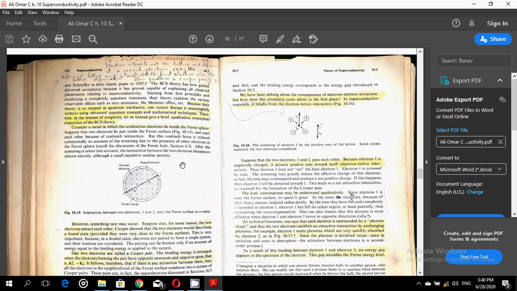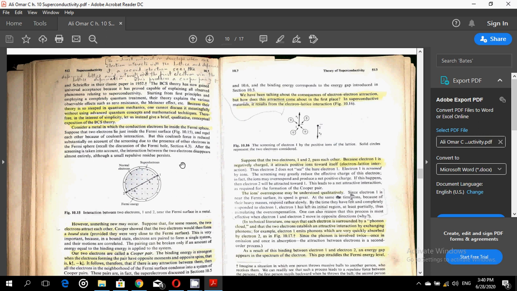It follows therefore that if there is any attraction between them, then all the electrons in the neighborhood of the Fermi surface condense into a system of Cooper pairs.